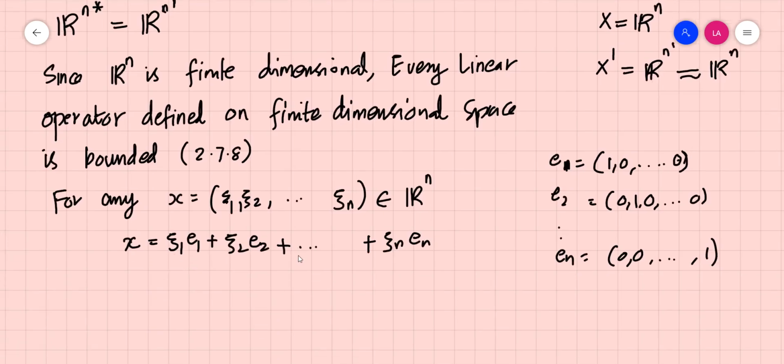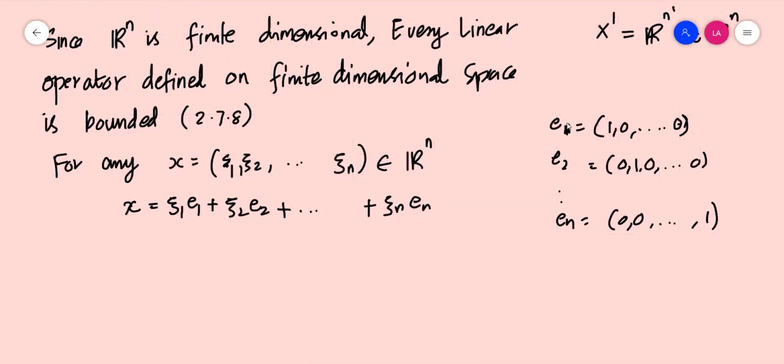In other words, if you take any basis elements E1, E2, etc., En in Rn, every element of Rn can be written as a linear combination of the elements of the basis. So x equal to theta 1, theta 2, etc., theta n is an arbitrary element in Rn, which can be represented as a linear combination of this form with respect to the standard basis.